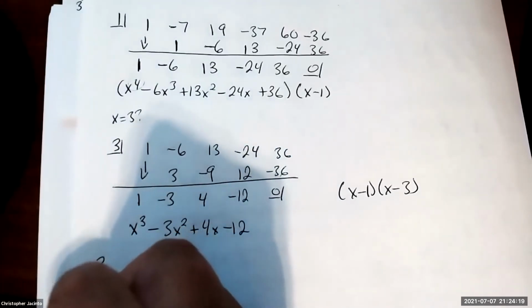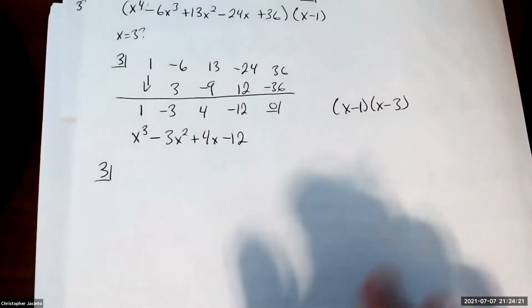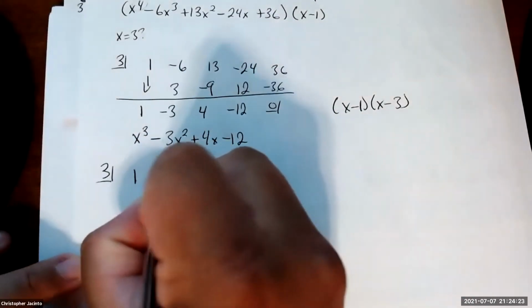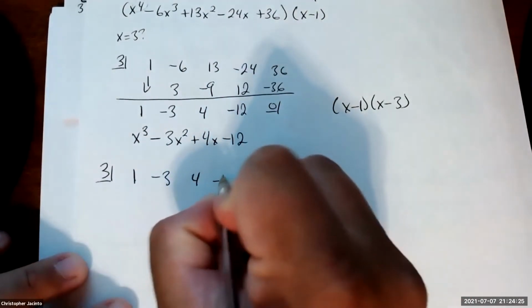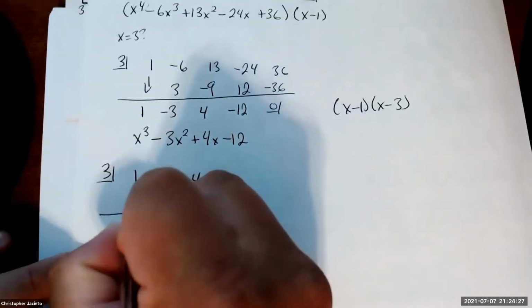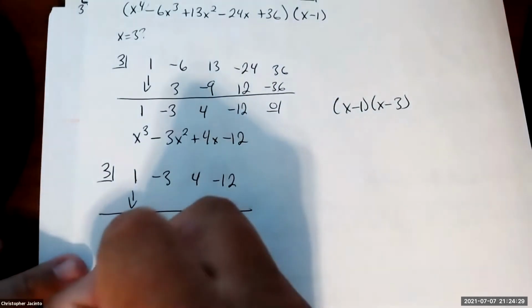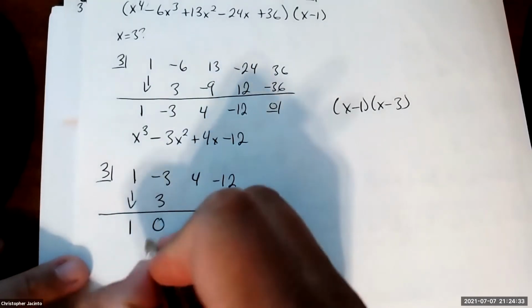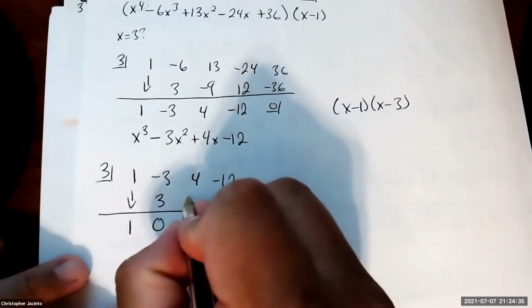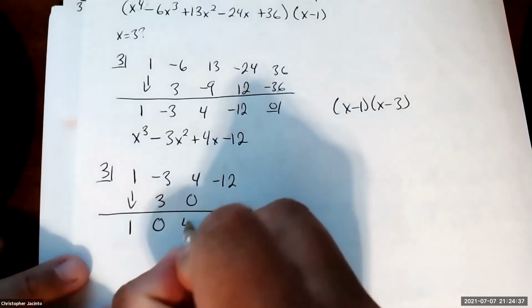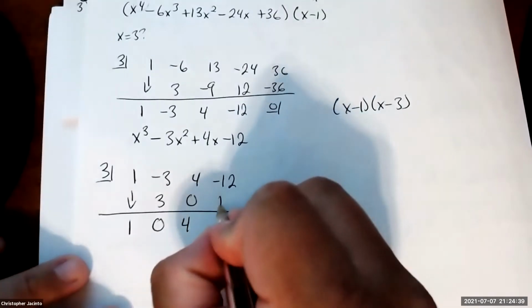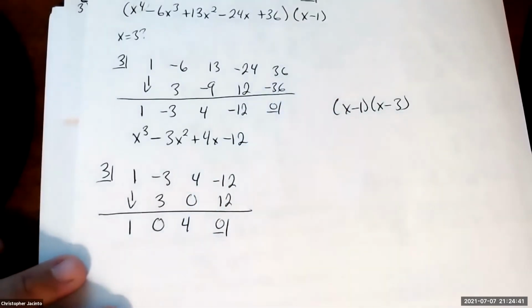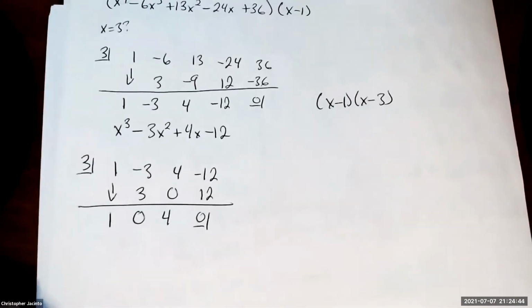So we do synthetic division again to see if it's a remainder. 1, then 3, that's a 0, that's a 0, that's a 4, and that's a 12. Well, look at that. Sneaky, sneaky, sneaky.